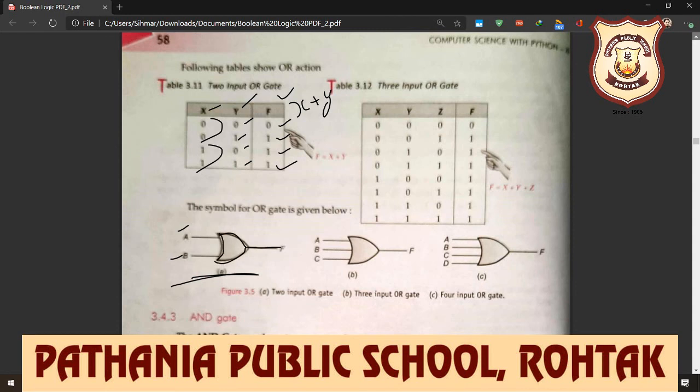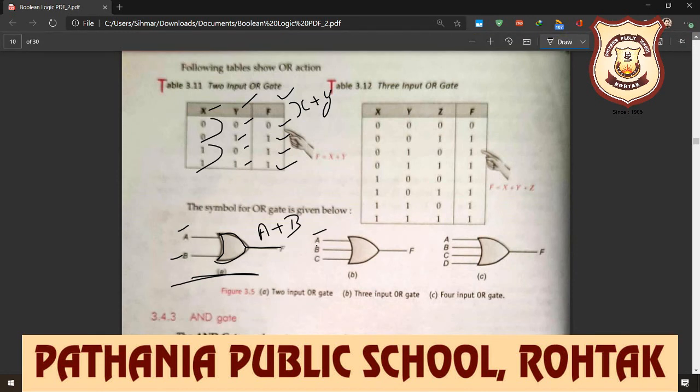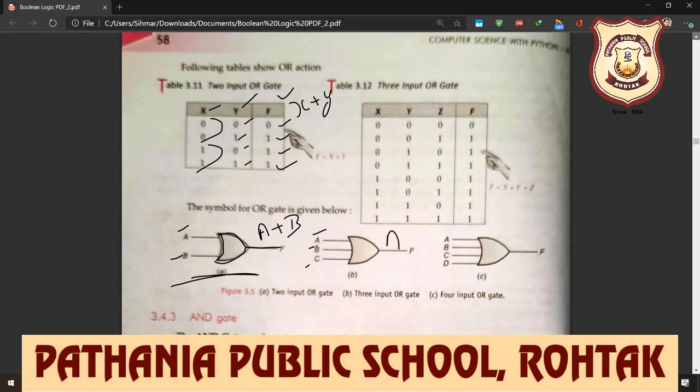So here we find A plus B, so our output is A plus B. And with A, B, C, three variables, if we have three inputs A, B and C, then our answer is A plus B plus C here. Okay, so this is the simple OR gate, truth table and circuit of the OR gate.